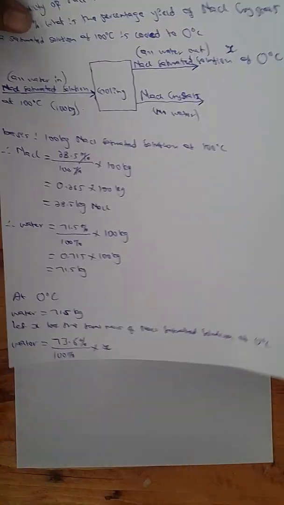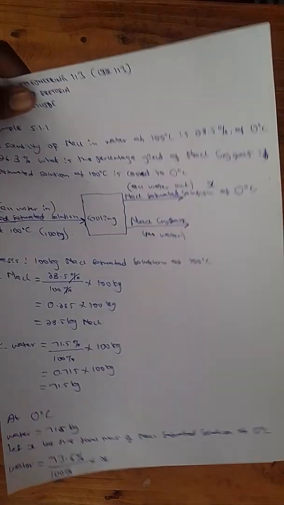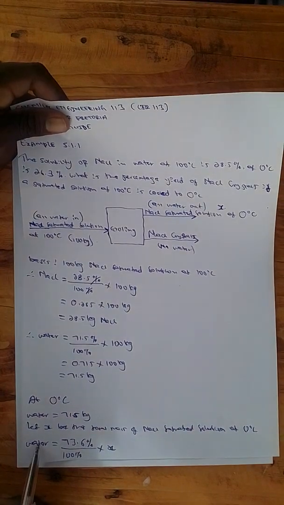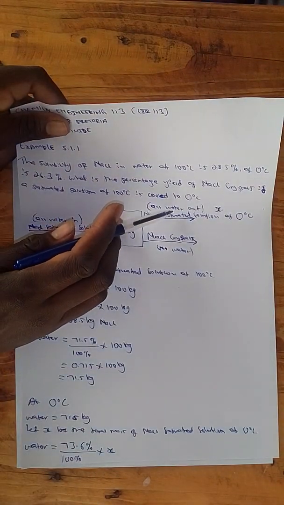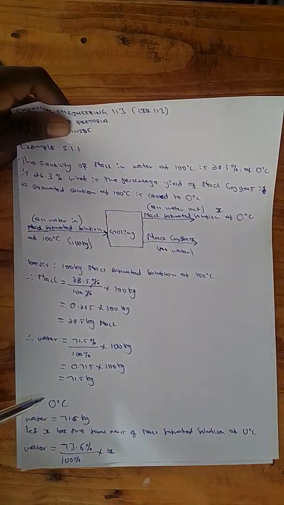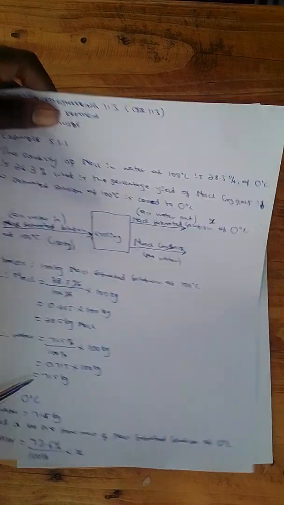Now, therefore, remember we know the water. We already know the water is 71.5 kilograms. So we can say 71.5 kilograms equals 0.736X.